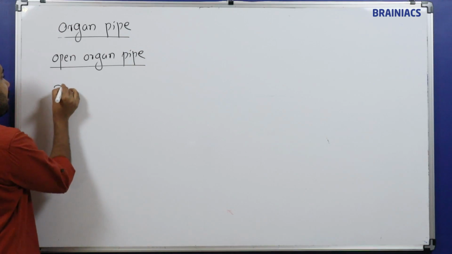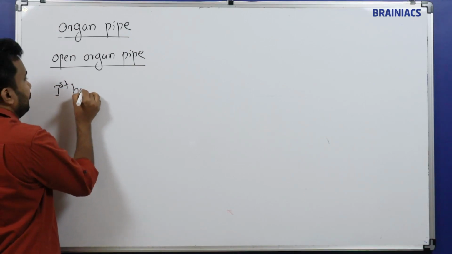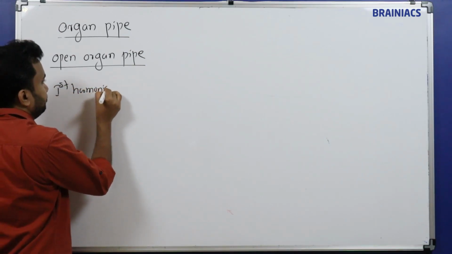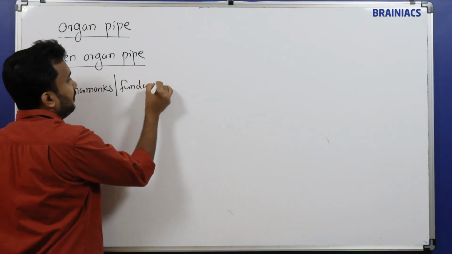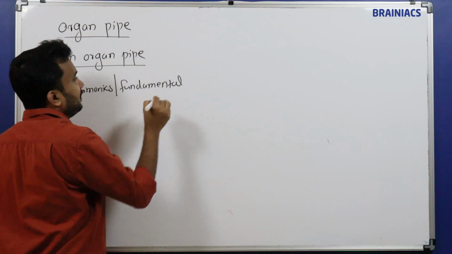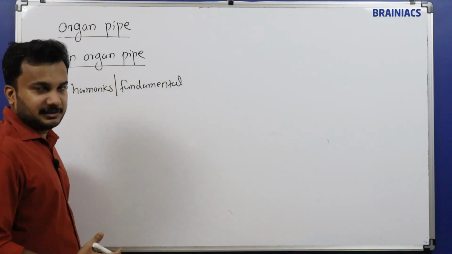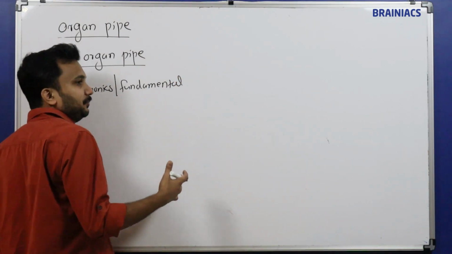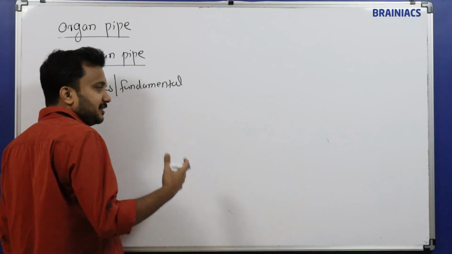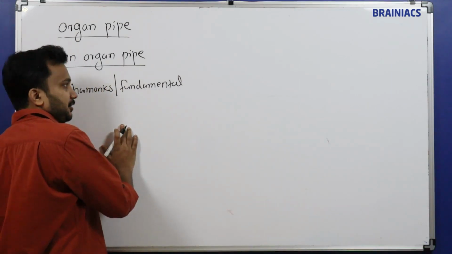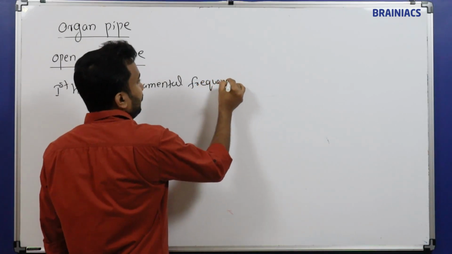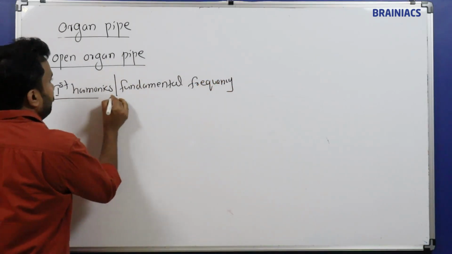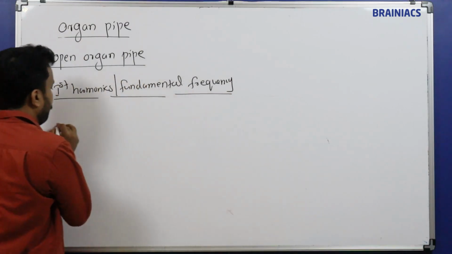This first harmonic is also called the fundamental frequency, and we are going to find it out, the same way we did for the string in the previous lecture. Now what is the minimum waveform which can be formed within an open organ pipe?